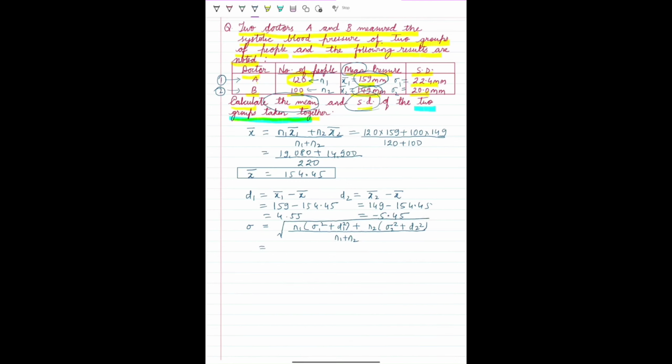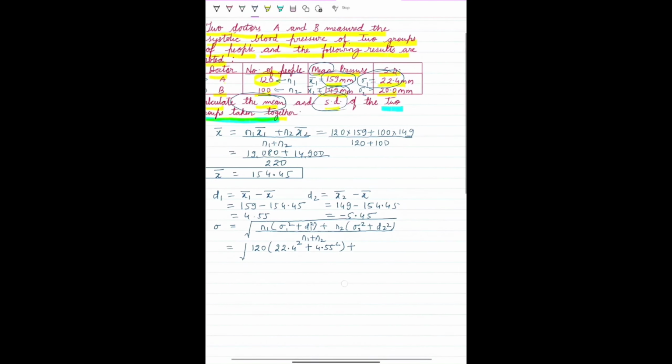We will now replace the values. n1 is 120, sigma 1 is 22.4, which we square, plus d1 which is 4.55, squared, plus n2 which is 100 multiplied by sigma 2, that is 20, squared, plus d2 which is minus 5.45, squared, and this entire thing is divided by the sum of n1 and n2, that is 120 plus 100, all inside one big square root.